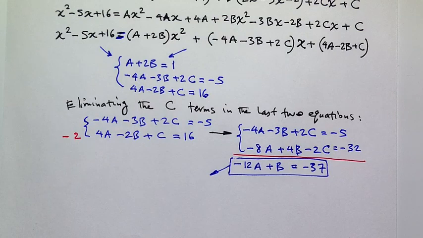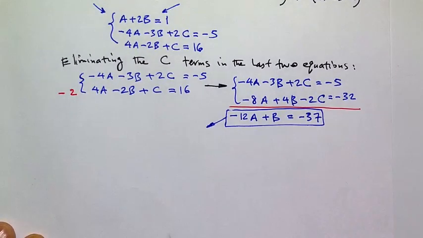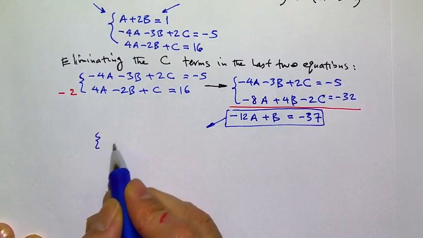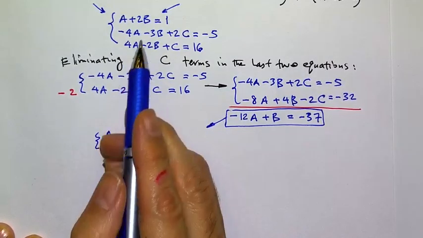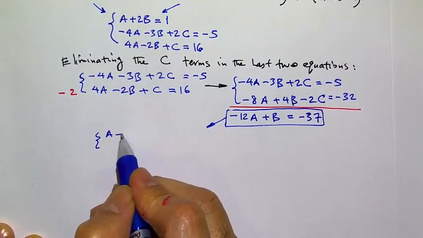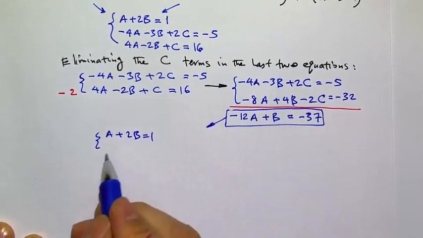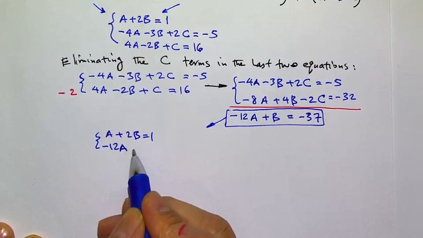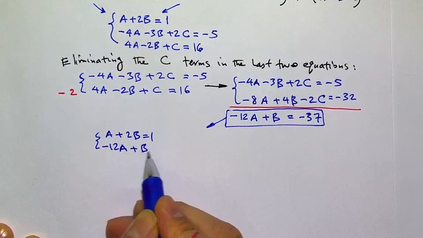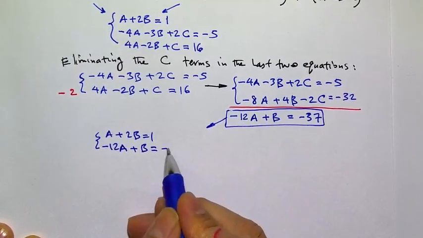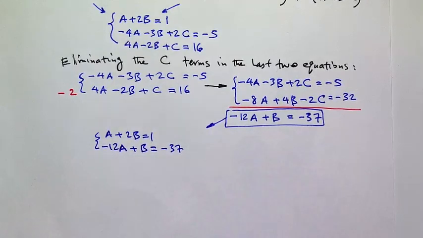And so we have, let me move this up a little bit. So we have a plus 2b equals 1. And this one, minus 12a plus b equals minus 37.